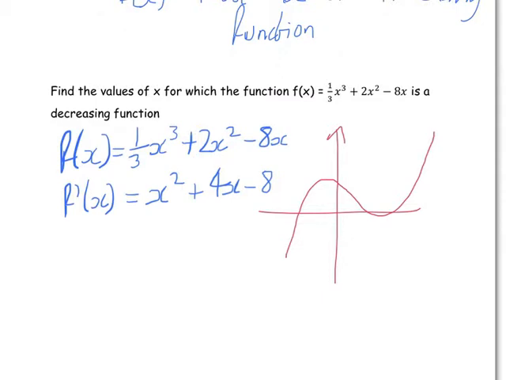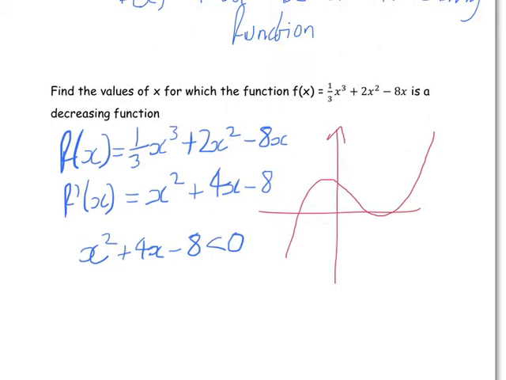Now we're asked to find where it's a decreasing function, so this time, instead of setting our f dash x to greater than 0, we're looking for less than 0. So we're going to set x squared plus 4x minus 8 to less than 0, because we're looking for a decreasing function.